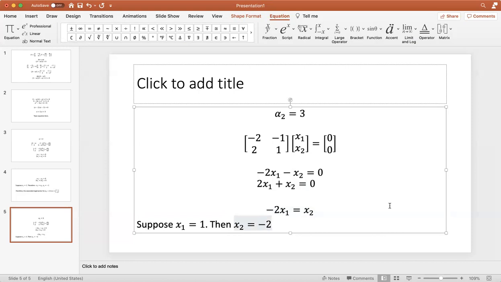And that makes sense because if I plug in 1 here, this becomes 2, plug x2 here, you get negative 2, and it will still be equal to 0.